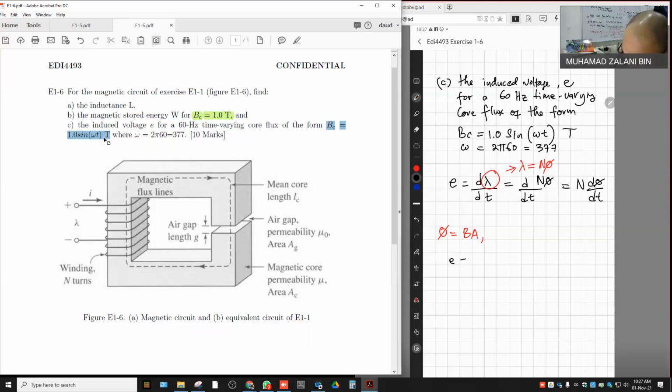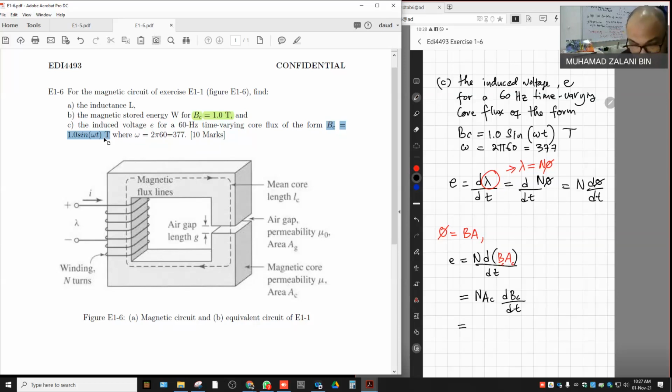So E is N d over dt of BA of the core, BC. Phi equals BA. Then take A outside, dBc over dt.